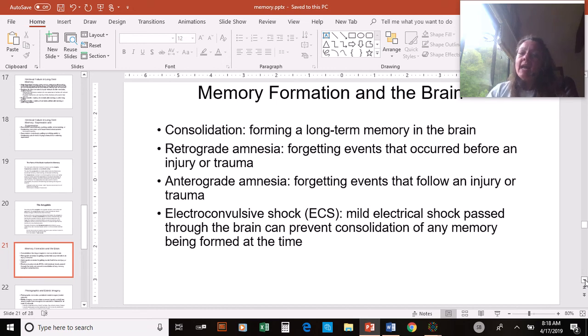And anterograde amnesia is where you have some kind of damage and then you don't remember events that happened after. That would be 50 First Dates, because she has the accident, and then she always wakes up living in the same day because she doesn't remember the next day starting.